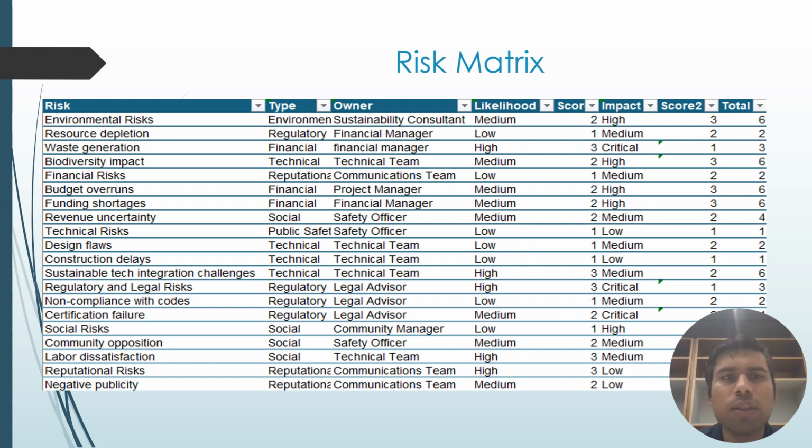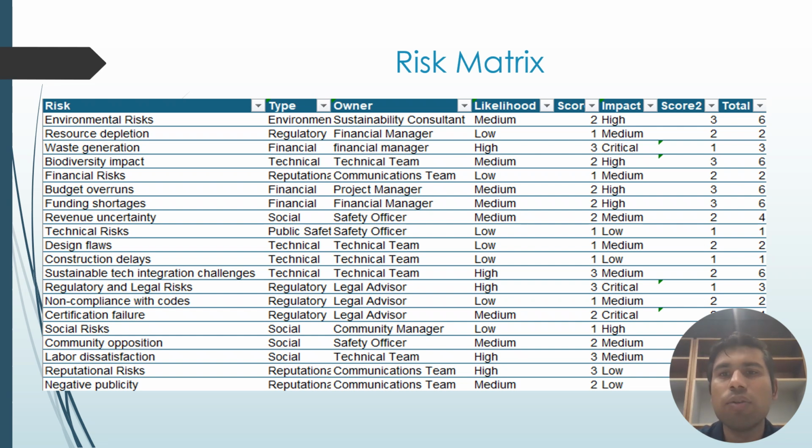Each risk is assigned an owner, likelihood rating, and impact score to calculate a total risk level. High impact issues such as waste generation, construction delays, or regulatory non-compliance require close monitoring because they can disrupt the project progress.